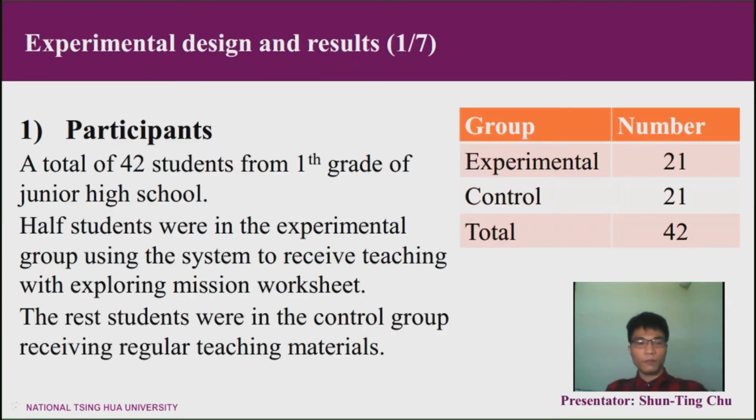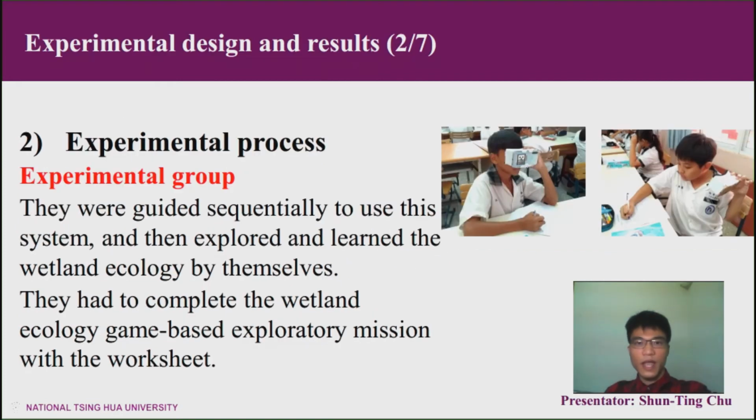First, we adopted 42 first-grade junior high school students as the research participants. Half the students were in an experimental group using the system with the exploring mission worksheet, and the other half were in a control group receiving regular teaching materials. Next, the experimental process.